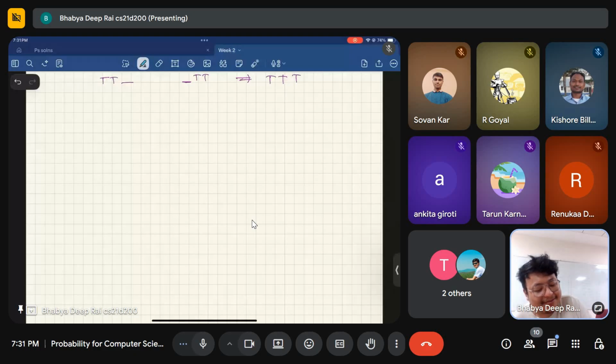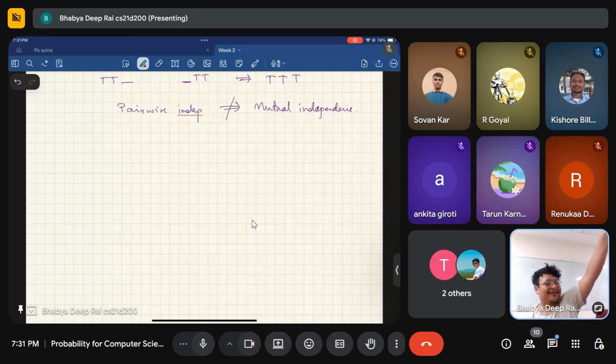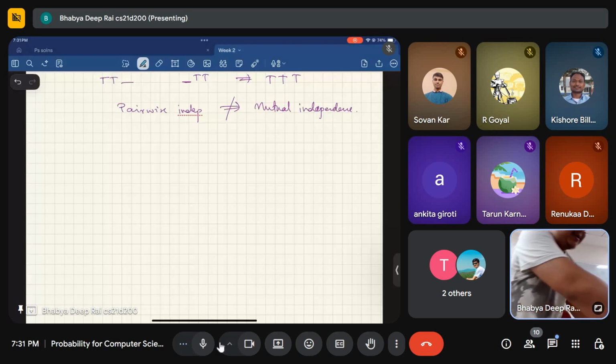Mutual independence is a stricter constraint. Pairwise does not mean it's mutual. If it is mutual, does it imply pairwise? Is the other way around true? Just one moment, I'll charge my laptop.